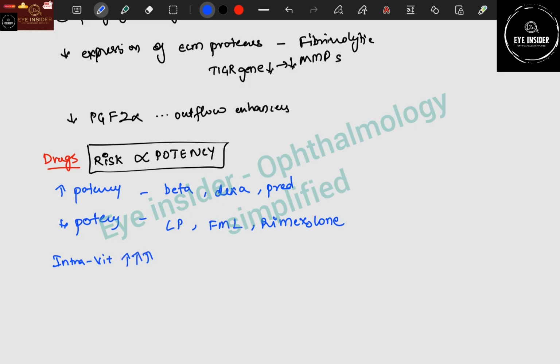Intravitreal injections have very high chances of development of glaucoma, so it usually occurs earlier in cases of intravitreal triamcinolone injections.